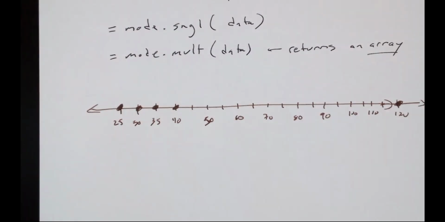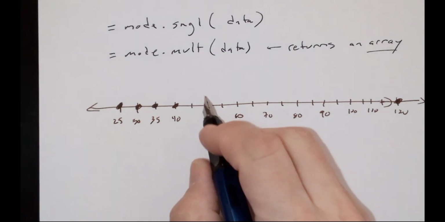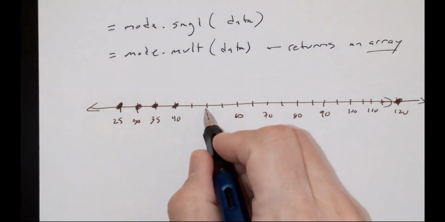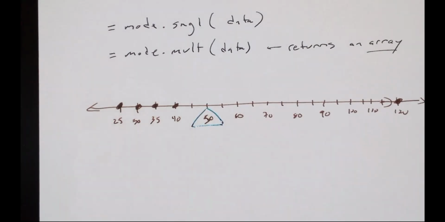What's the average again for this sales data? 50,000, I think. So I would want to balance this by putting the fulcrum there. And then the torques on the left are balanced by the torques on the right.